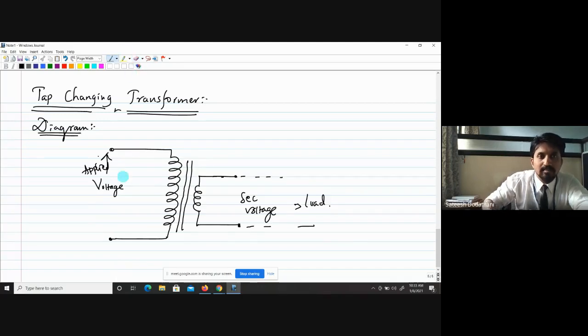Now, what is a tap changing transformer? Here, a tap changer device will be there, and that tap changer device takes the tappings from the winding.